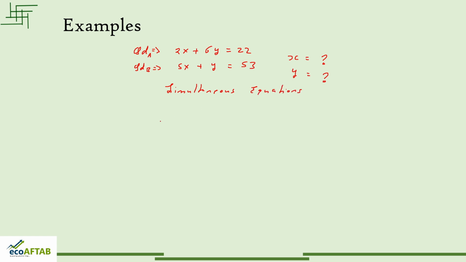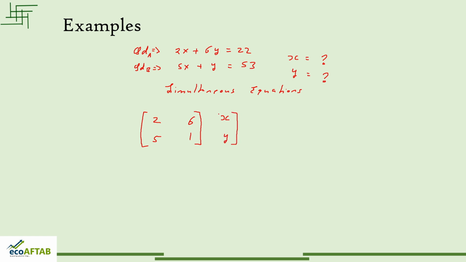Or there is one more way where we can find out what is x and what is y. What I will do is write the coefficients first: 2, 6, 5, 1. This is 1y. This I will write in the form of a matrix. Then there are two variables, x and y.